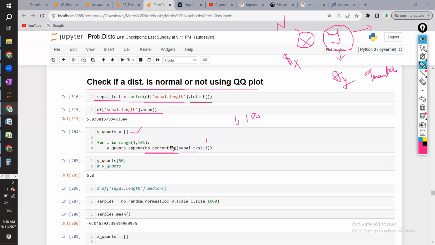So I'm considering np.percentile of sepal test at 1, that means the 1st percentile of sepal test. It will calculate that and append it to y_quants, like that 2, 3, 4, 5, all 100 percentile values it is considering and appending to my y_quants. Clear?